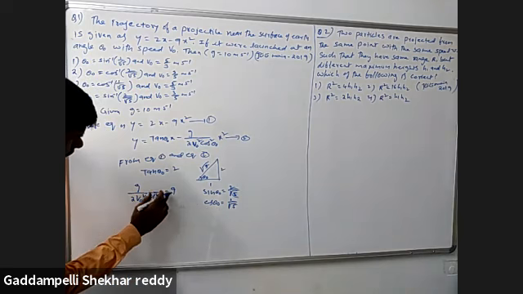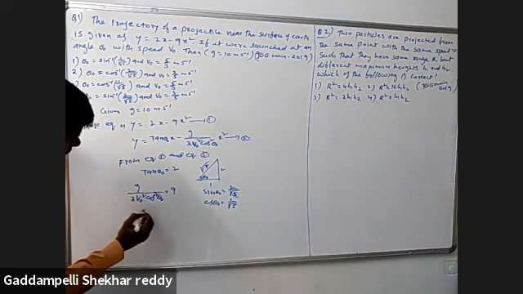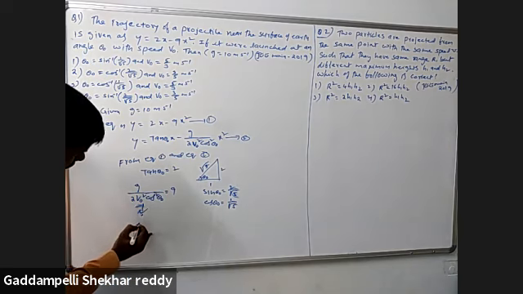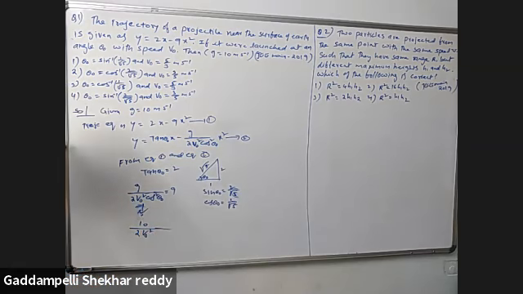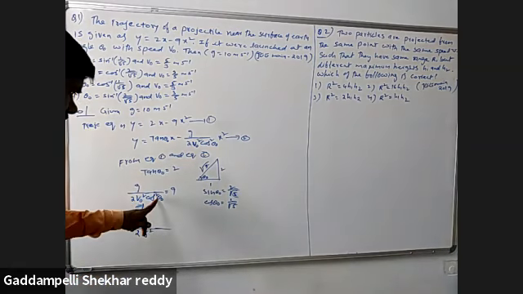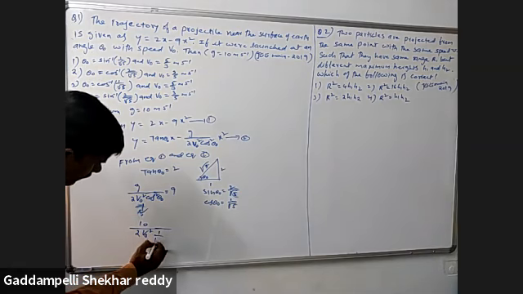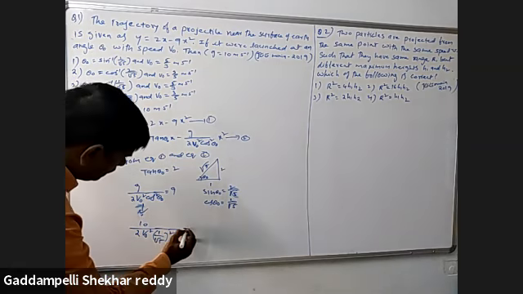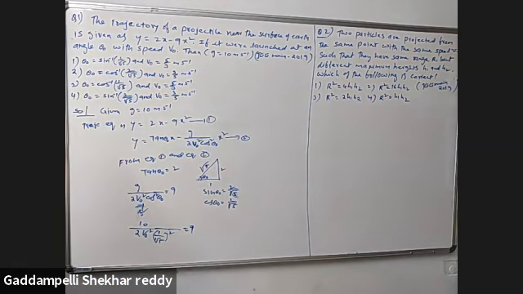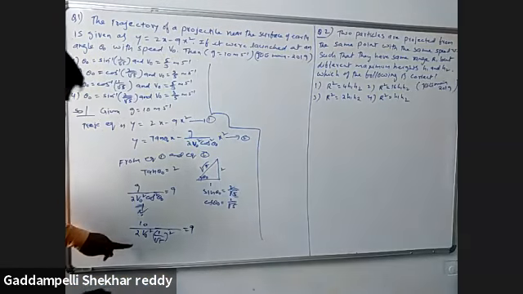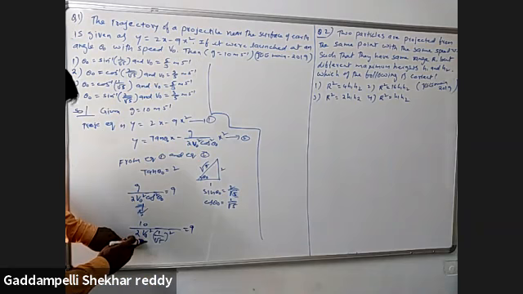Now in this equation, the g value is given as 10, divided by 2 v naught square cos square theta naught, where cos theta naught is 1 by root 5, whole square, is equal to 9. Our requirement is v naught square.